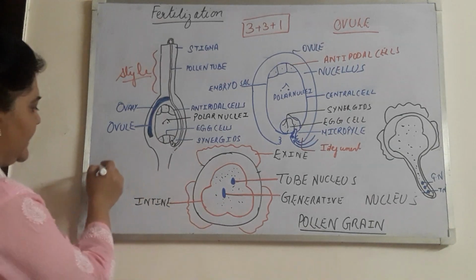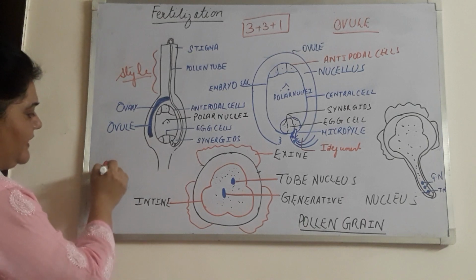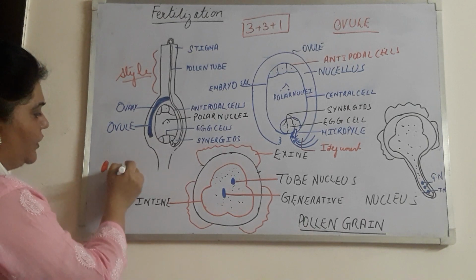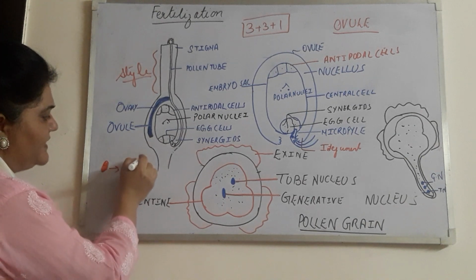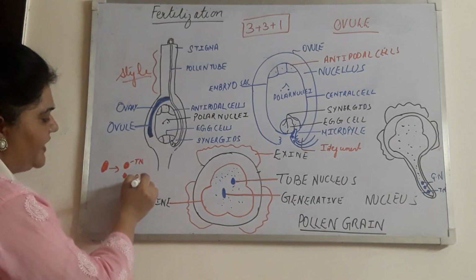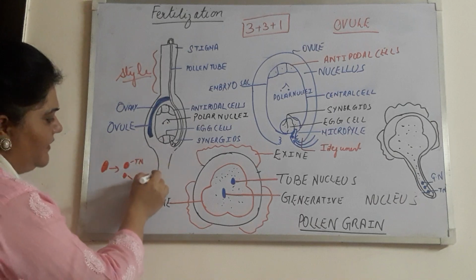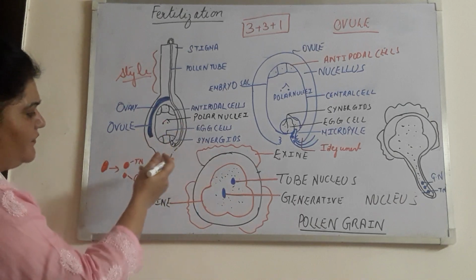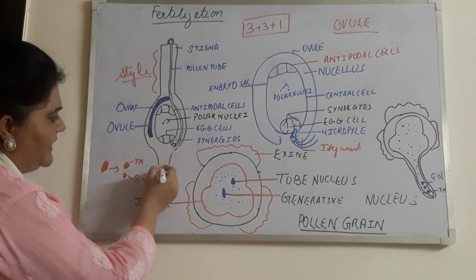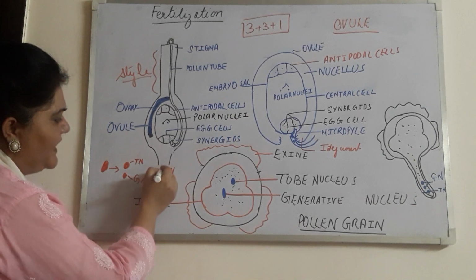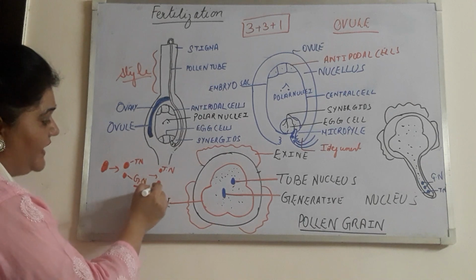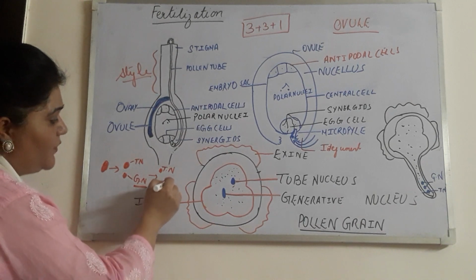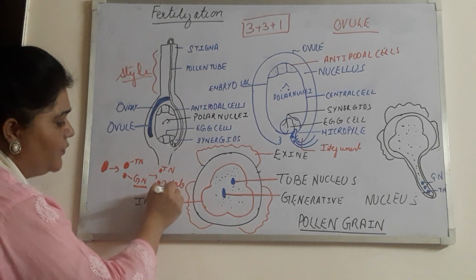So one nucleus gets divided into two. The first one is the tube nucleus and the second one is the generative nucleus. Then when the pollen tube is formed, the tube nucleus will remain like this, but this generative nucleus will get divided again into two, which will be known as male nuclei.